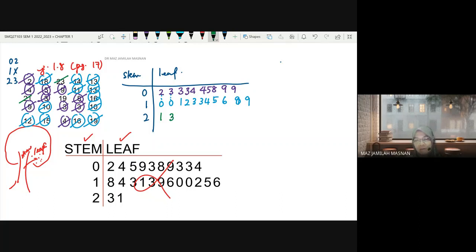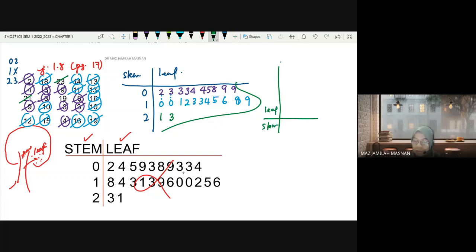Stem and leaf can also be used to identify the distribution of your data. So if I plot the distribution, more or less the distribution would look like this. So you have to twist. Okay, so you have to put stem here, leaf here.